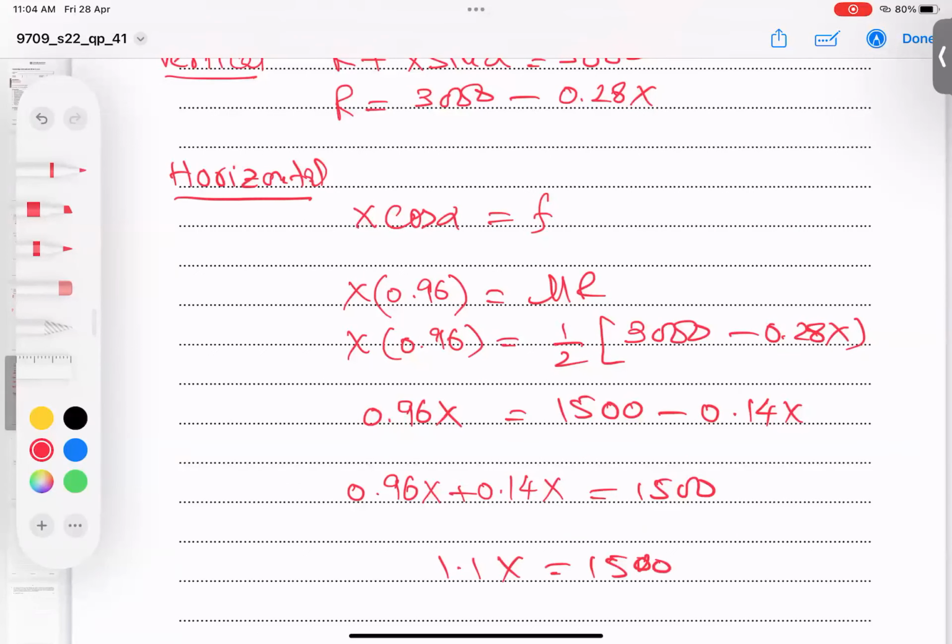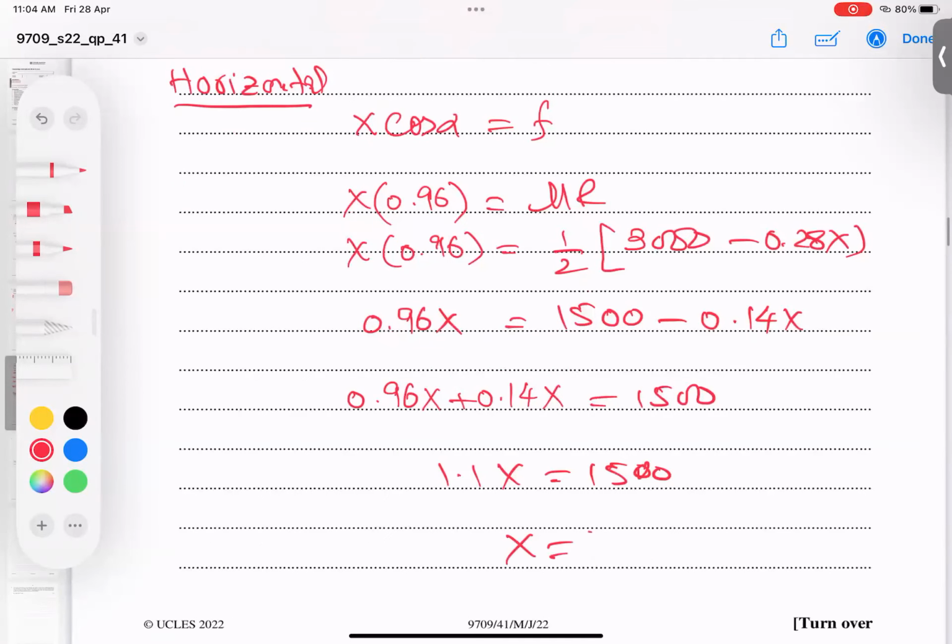So if you divide 1500 by 1.1, it is giving us x, and that is 1363.63 onwards. But I need 3 SF, so x finally is 1360 newtons.